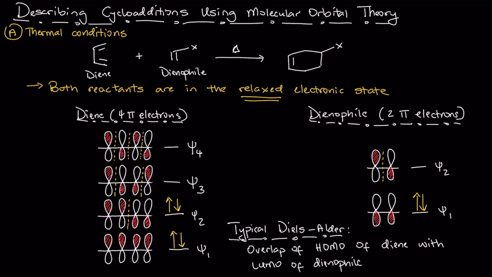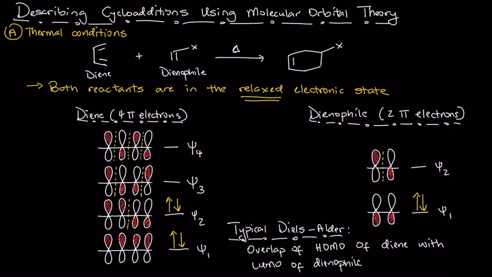That's the place where there's a lot of electron deficiency; there are no electrons in there. So a favorable overlap is one where you have an electron-rich diene orbital, the HOMO, with an electron-poor dienophile orbital, which is your LUMO.